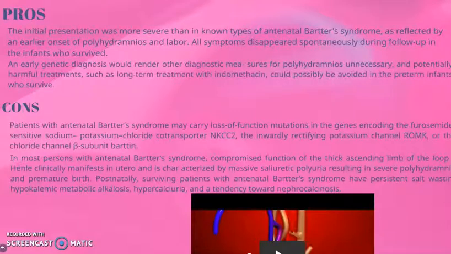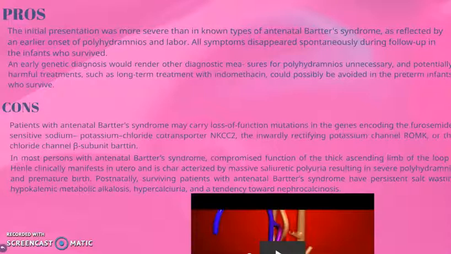Cons: patients with antenatal Bartter syndromes may carry loss of function mutations in the genes encoding the furosemide-sensitive sodium-potassium-chloride cotransporter NKCC2.